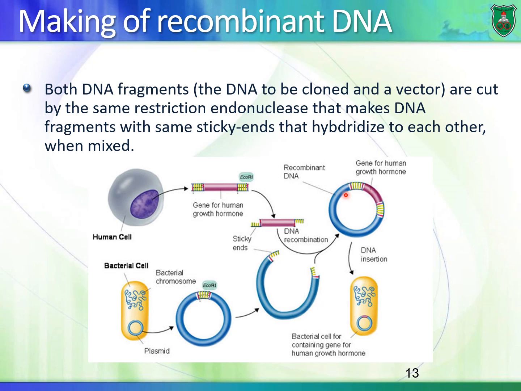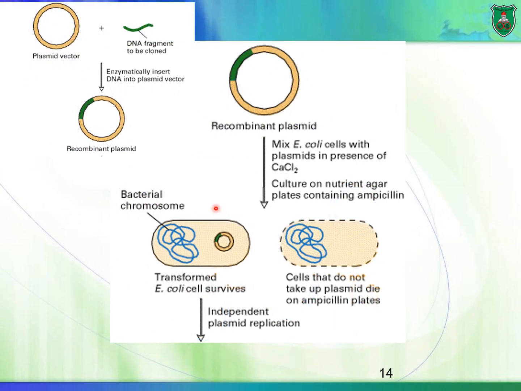I take this plasmid and put it back into the bacterial cells. The bacterial cell would have its own chromosome as well as the recombinant DNA, the plasmid with the human gene. When I do this, I also add an antibiotic to the media when I grow the bacterial cells. Why?